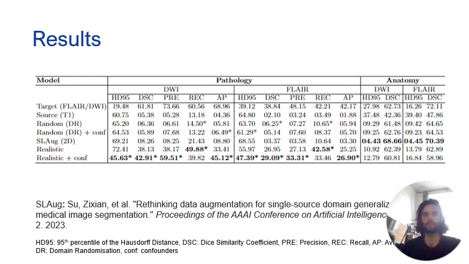You can see that the methods which encourage contrast invariance in their training, so SLOrg and the random models, make the least badly wrong predictions. This can be seen by looking at their lower 95% Hausdorff distances.